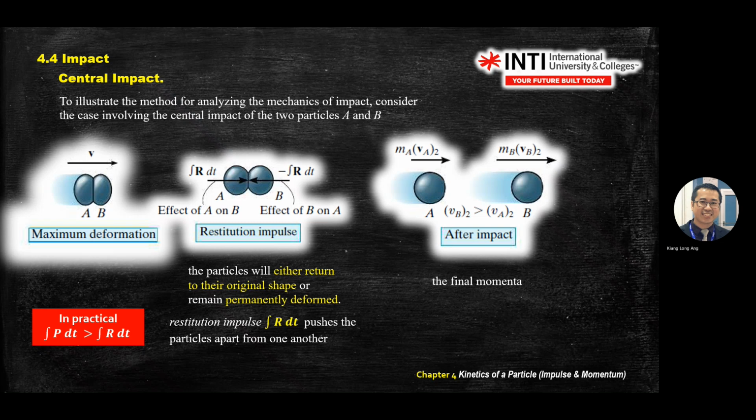So mv2 will be higher than mv1. Oh, sorry, momentum of B will be higher than momentum of A. Makes sense? But B is always faster than A. How is that possible? You cannot imagine. Have you played snooker before?